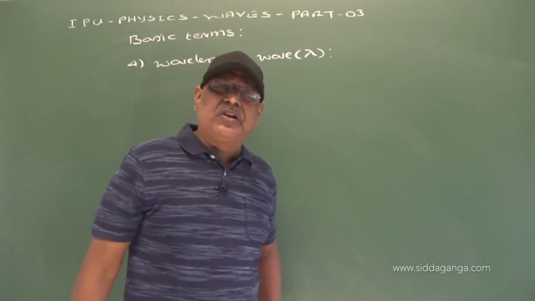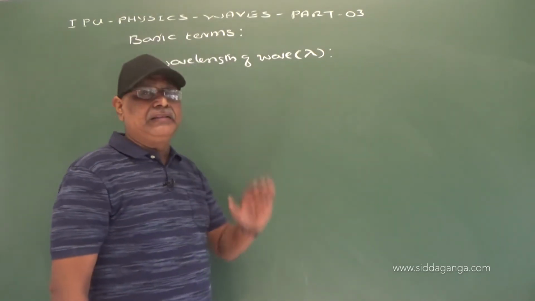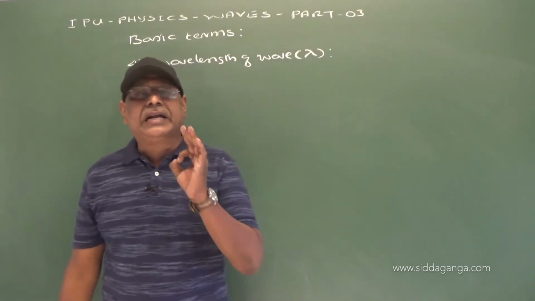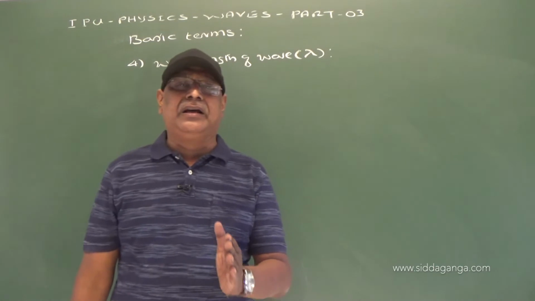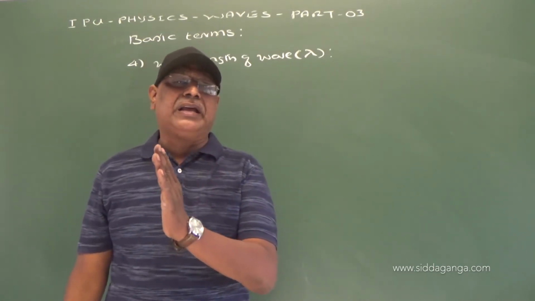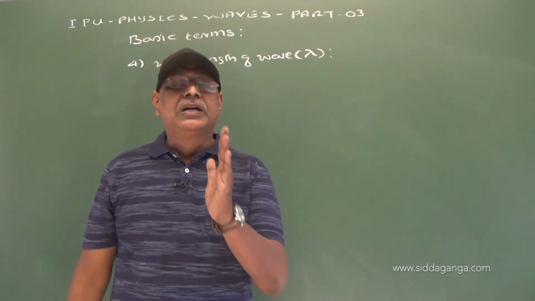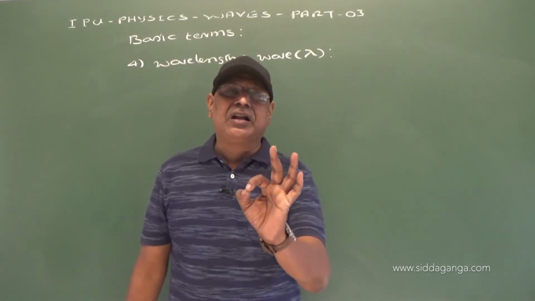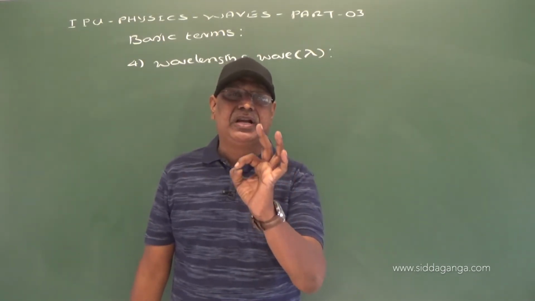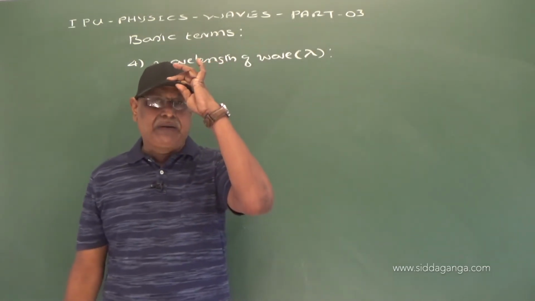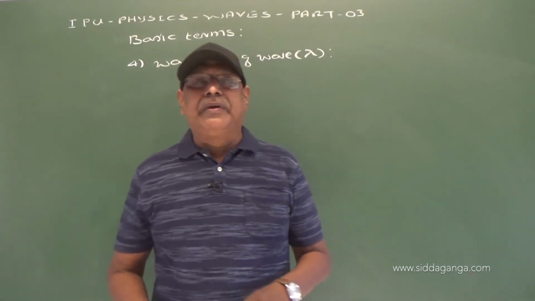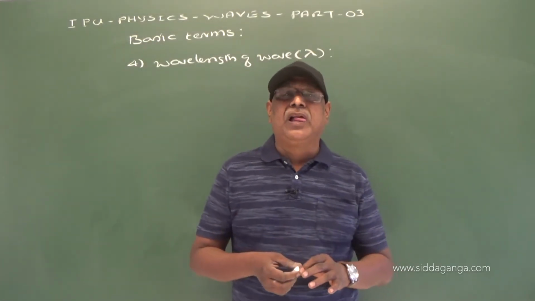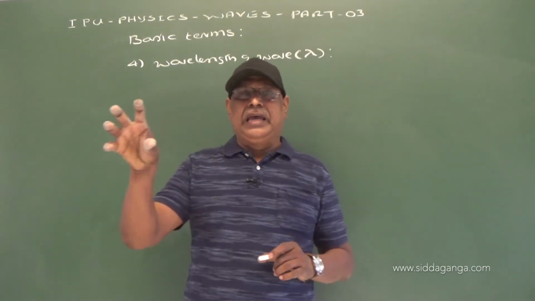The main definition is that wavelength of a wave is the distance between two consecutive particles of the medium which are in the same state of vibration or phase.